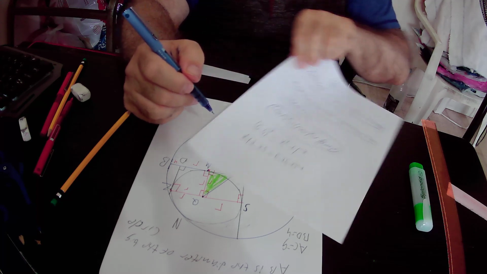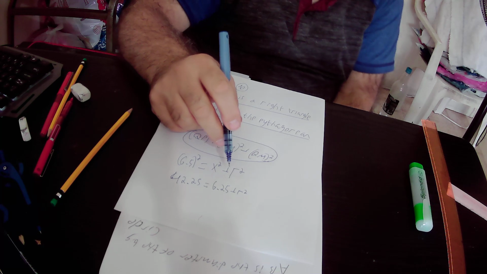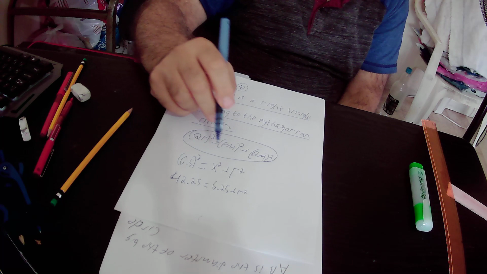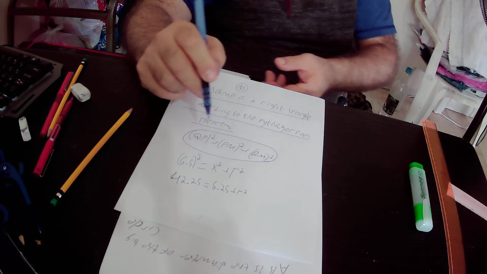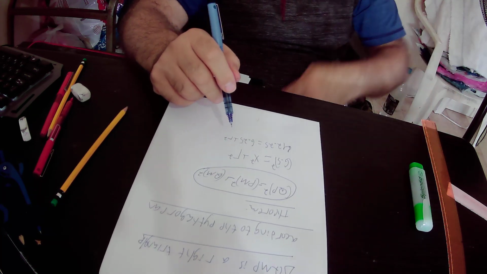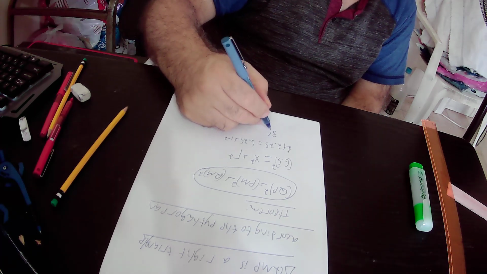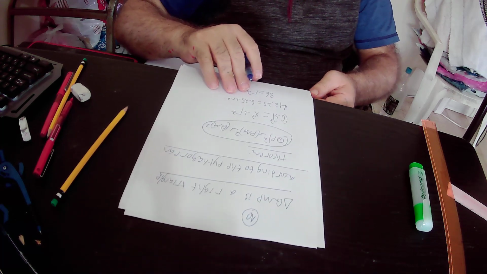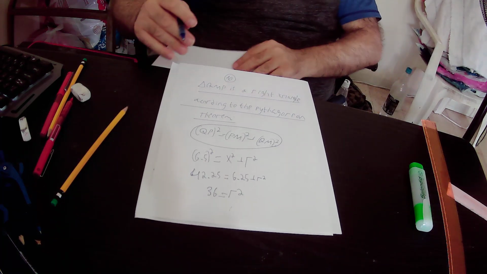So we got this equality that states that 42.25 equals 6.25 plus r square. Here we'll subtract 6.25 from this equality, and we will get that 42.25 minus 6.25 is 36 equals r square. Okay, we got that 36 equals r square.